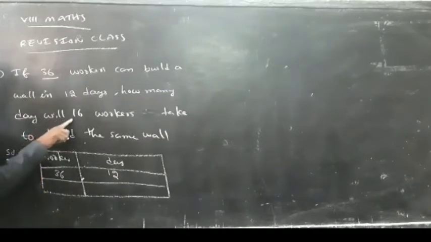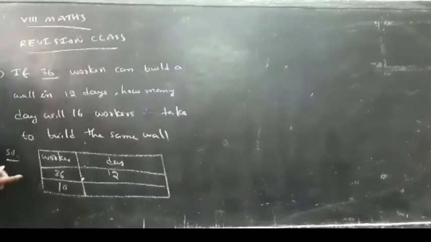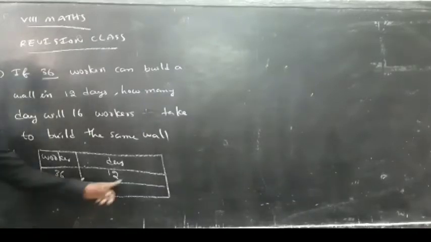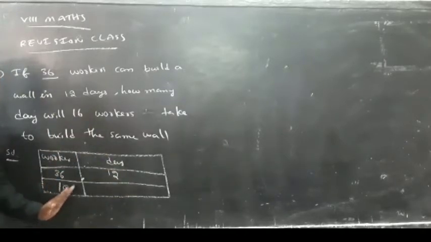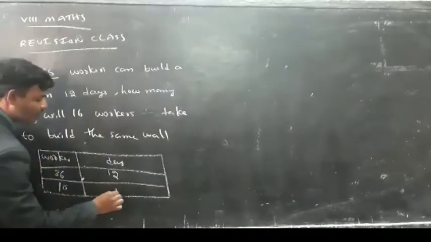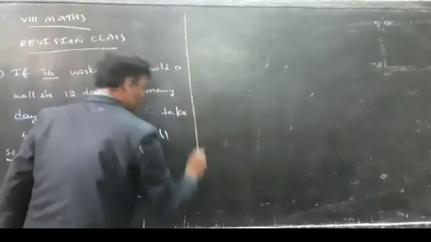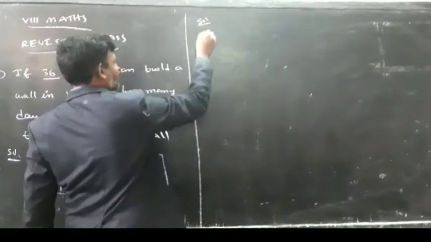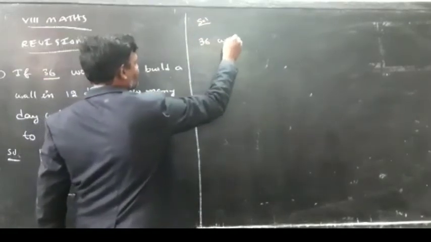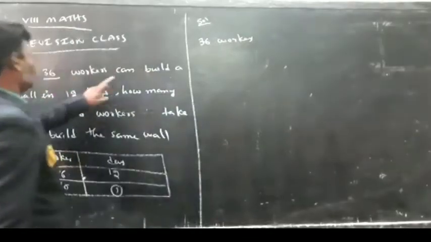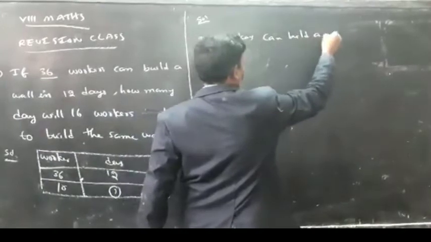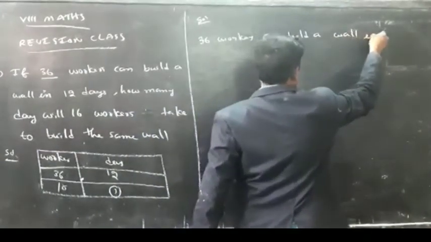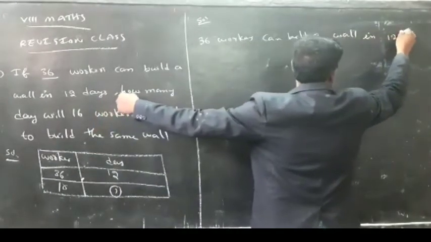Next, how many days? Now in the second case, 16 workers. If 36 workers take 12 days, then 16 workers take how many days? Okay. Here in the solution, first 36 workers can build a wall in 12 days.